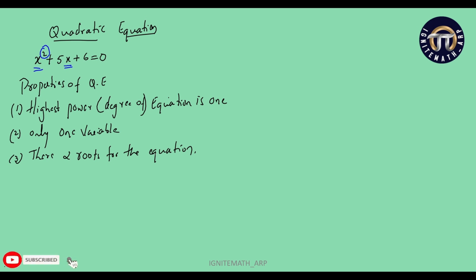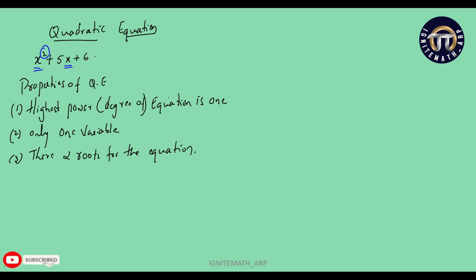You need to understand, children, what is a polynomial and what is an equation. If you take x square plus 5x plus 6 equal to 0, it becomes an equation. If I consider only this much, this is a polynomial, it's an expression, there is no equation sign, right? So we call it a quadratic polynomial.